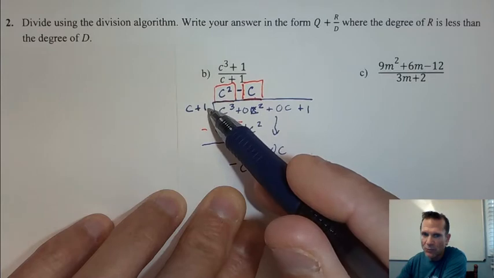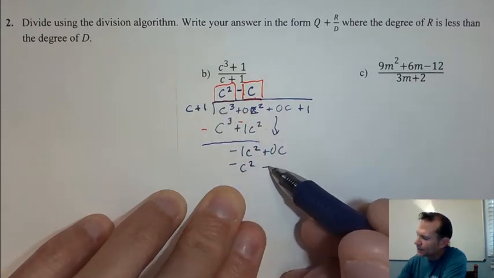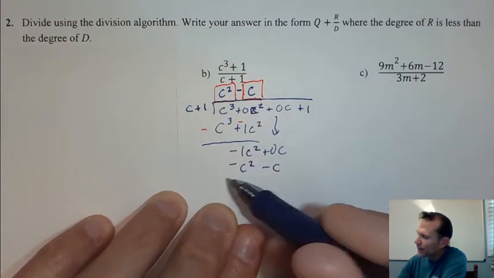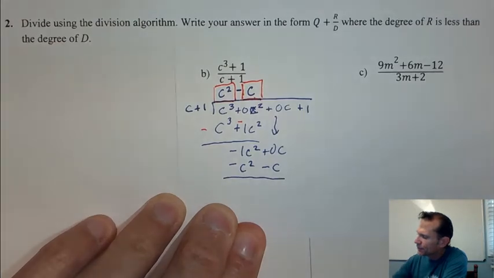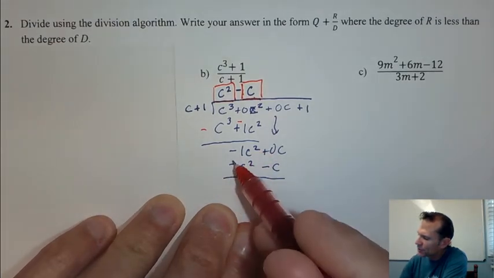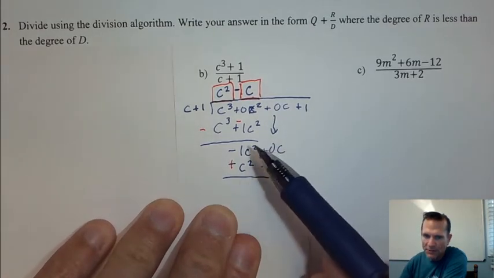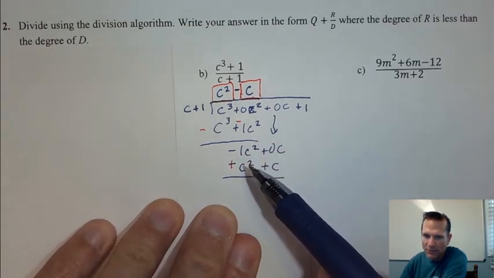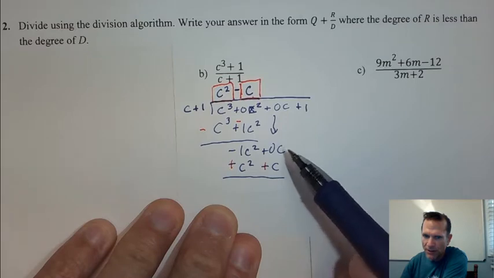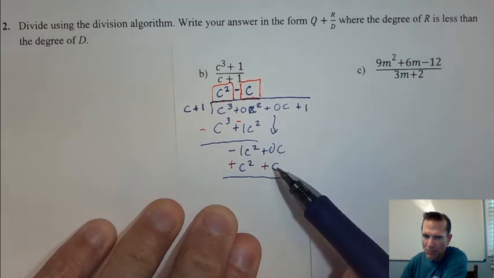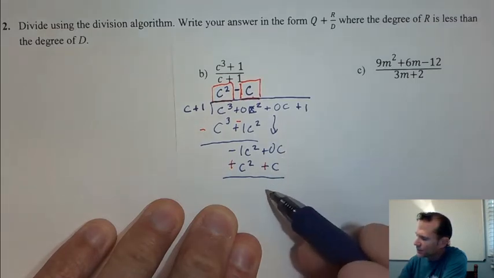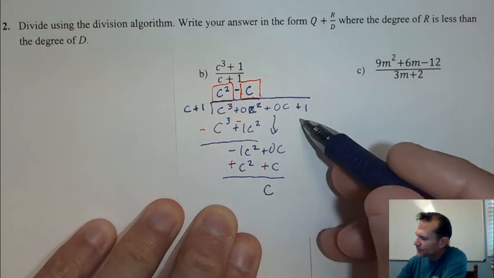Negative c times 1 is negative c. Draw my line. Careful with my sign change here. This becomes positive, positive, and what we hope happens is this first term cancels out here like this, which it did. And so here I have 0c plus 1c, which is 1c.